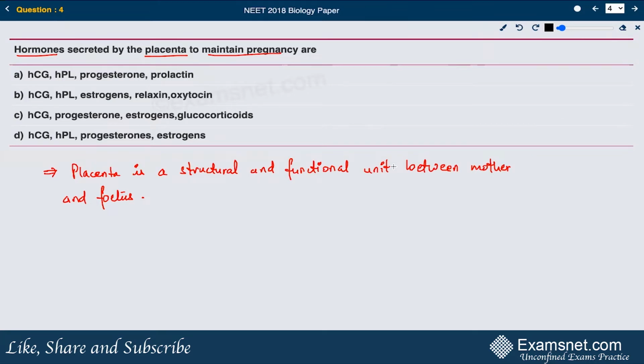And apart from that, it also acts as an endocrine tissue. That means a tissue which is responsible for secreting hormones. All right.